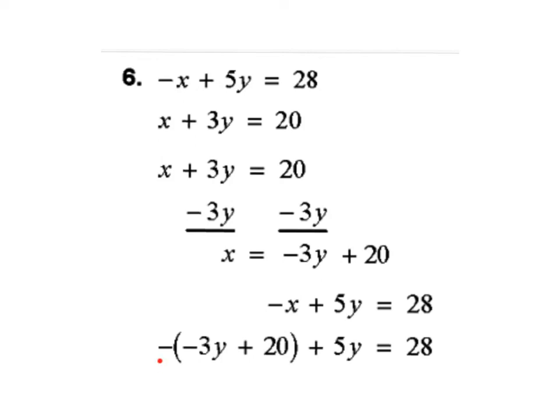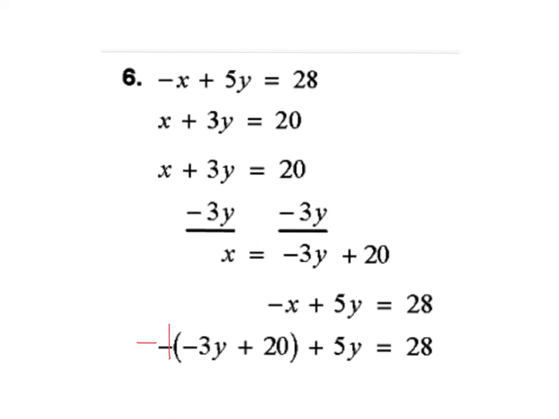Be careful with this because in the very beginning of this problem, it is a negative x. That means that you're going to distribute a negative 1 to negative 3y and negative 1 to 20. Be careful with that, okay?